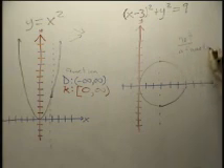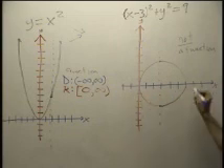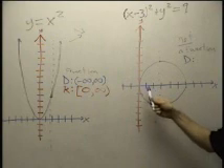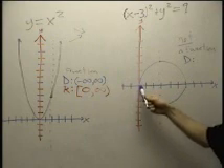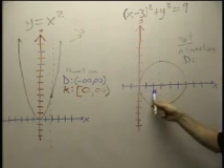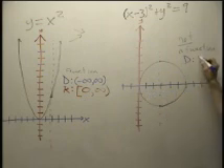What are the domain and the range of this relation? Well, left and right is the domain. It can go only as far left as the x value 0, and only as far right as the x value 6.